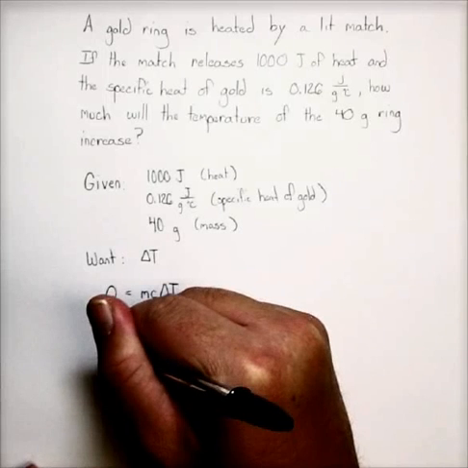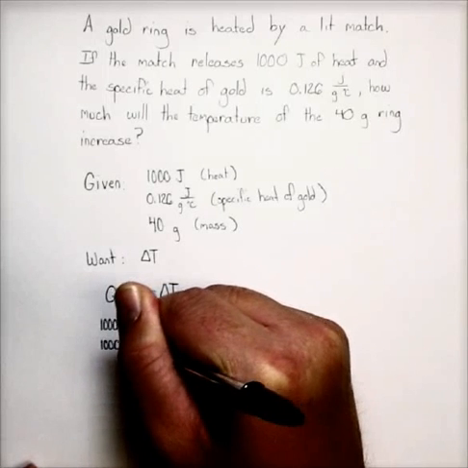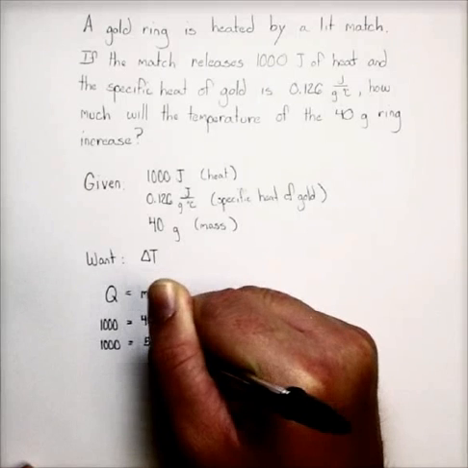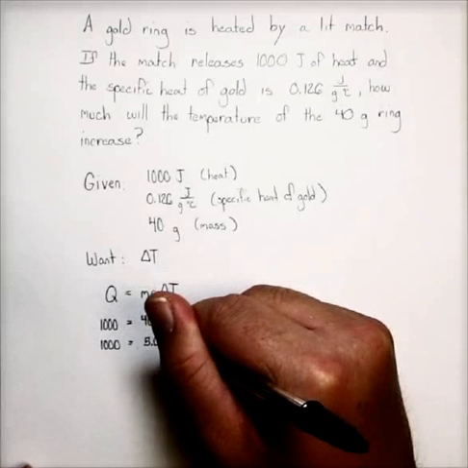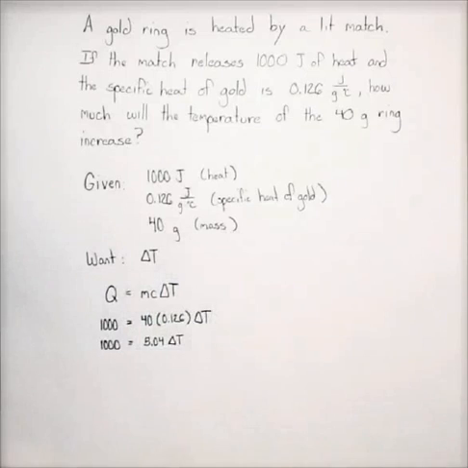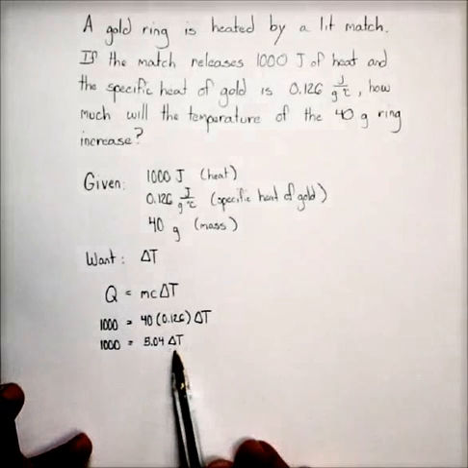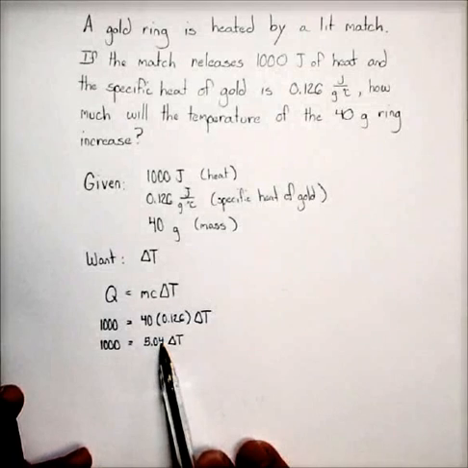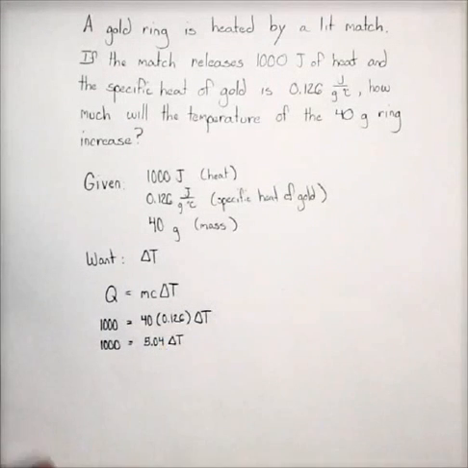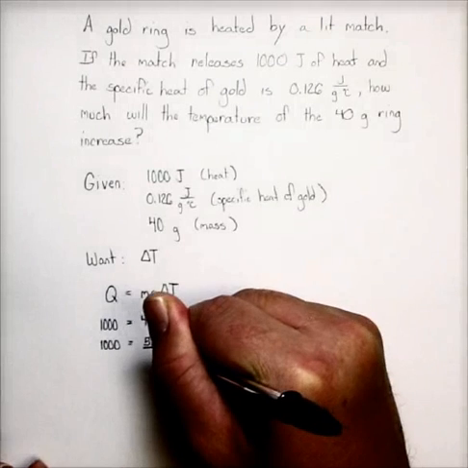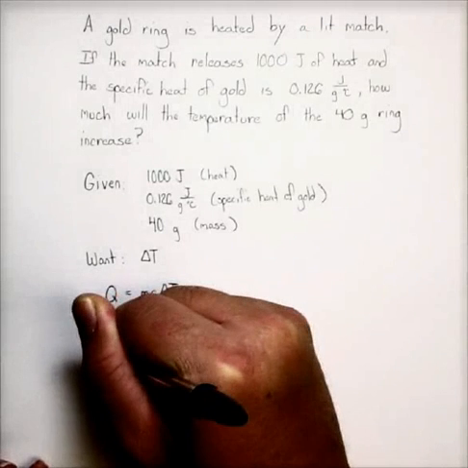So I'm going to rewrite this equation now as 1,000 equals 5.04 times a change in temperature. Now I want to find just that change in temperature by itself, but I'm multiplying it by 5.04 and I don't want that, so now I have to divide both sides by 5.04.